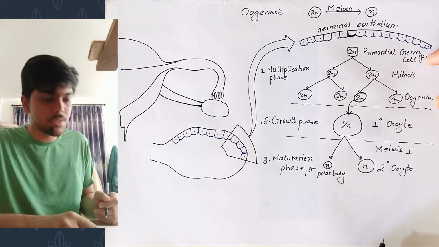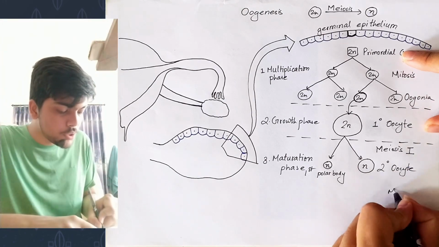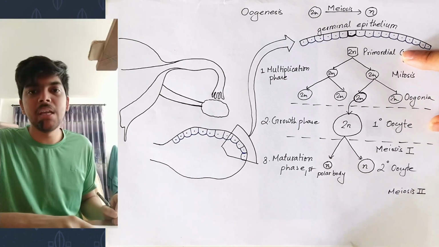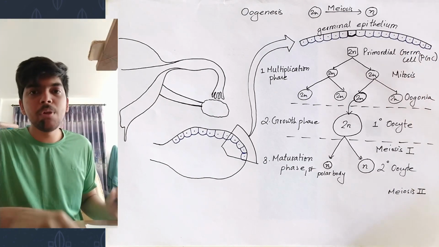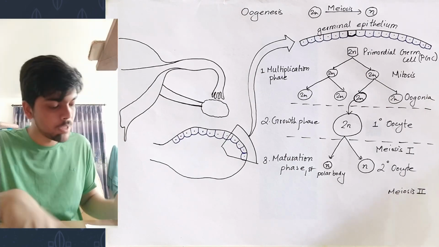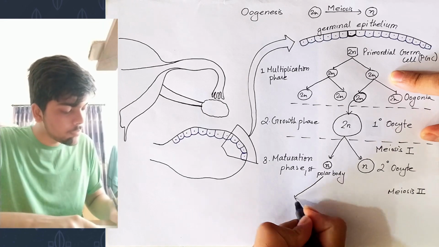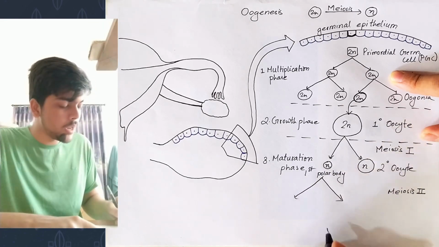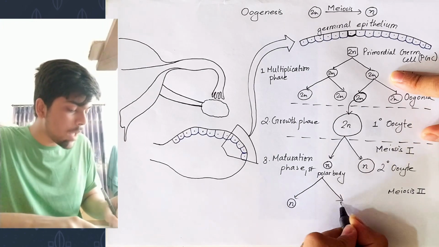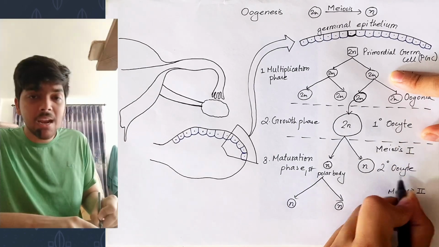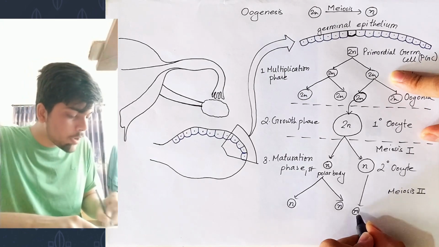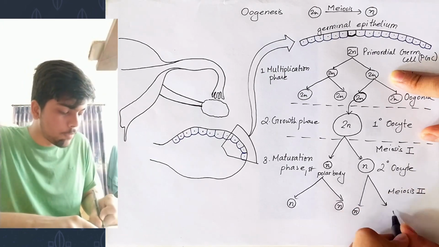Next is meiosis 2. Meiosis 2 is same as mitosis because it is equational as well. After meiosis 2, the number of chromosome does not change, it remains the same. So one polar body, which is the first polar body, gives rise to other polar bodies that are haploid, and the secondary oocyte gives rise to second polar body and ovum.